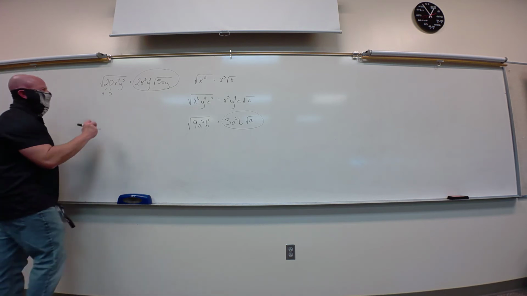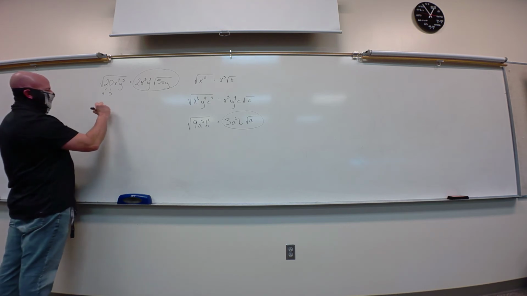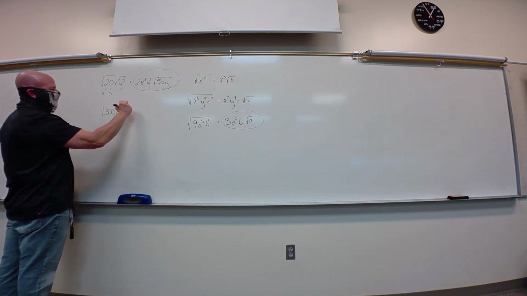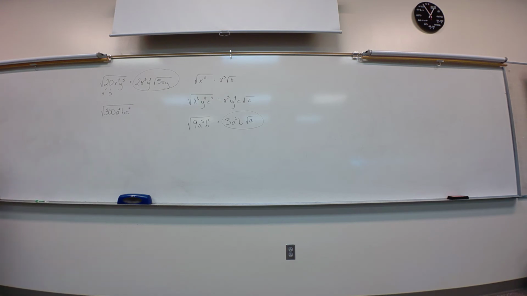Let's do this. Let's go square root of 300 a squared b c to the 9th. Again, 3 letters, larger number, looks bad, but we go one step at a time.